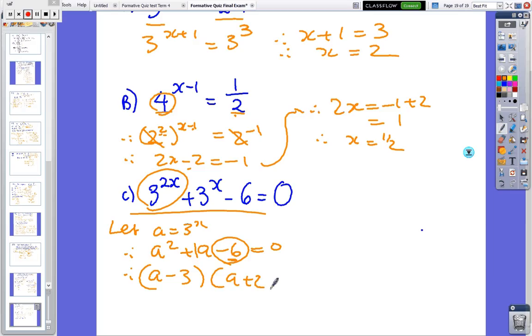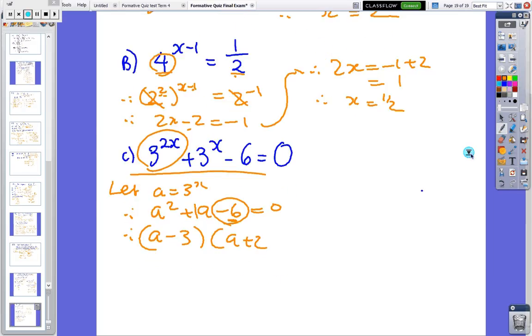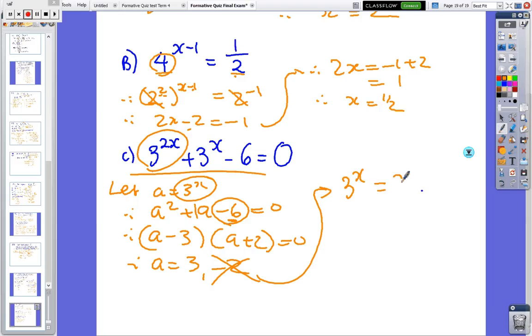Minus 3 and plus 2, equals 0. So a equals 3 and minus 2. You can't have indices equaling negative numbers, so we're just left with 3 to the x equals 3. 3 to the x equals 3 to the 1. And so there's only one answer. So just remember, you can't raise anything to a negative number.